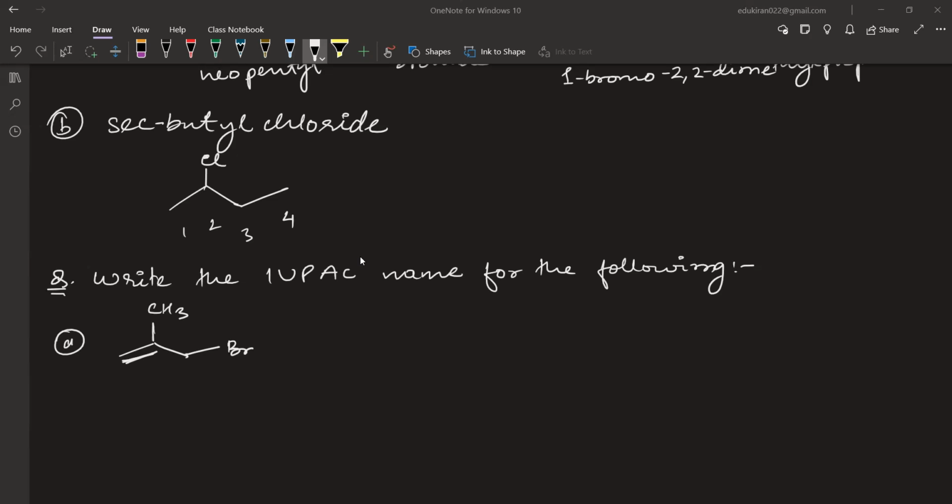Parent should have both the carbon atoms of double bond. Okay, parent should have both the carbon atoms of double bond.